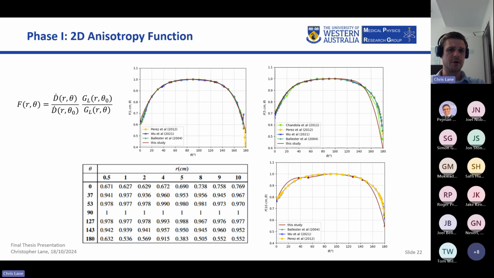So then the 2D anisotropy function, all I needed to do was take the data I had and scale the dose rate relative to the dose rate at the reference angle, and plot that. I believe I could have gotten more data points if I had either used a finer scoring grid or used some thresholds for my angles.